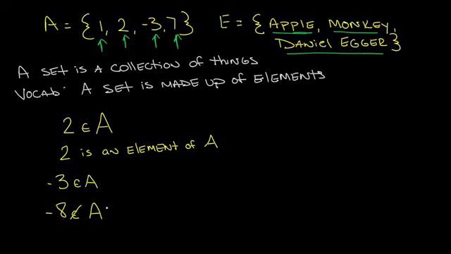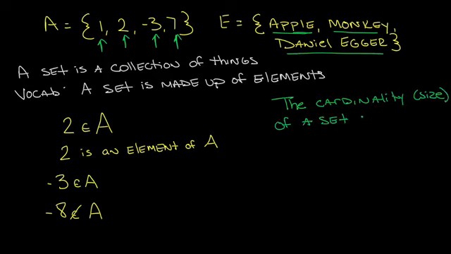The last little notion is the idea of cardinality or size. So definition: the cardinality, which is just size, of a set A is the number of elements in it.